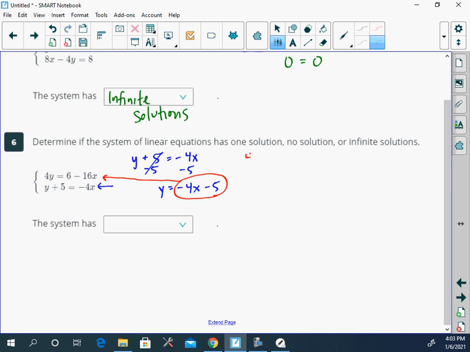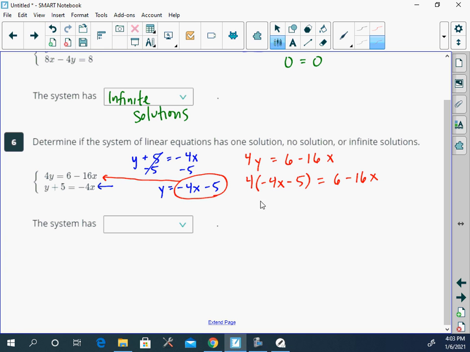So let me just write it, and then we'll plug in. So I'm plugging into here for the y, so 4 parentheses, and instead of y, negative 4x minus 5. So this is our 4y equals 6 minus 16x.